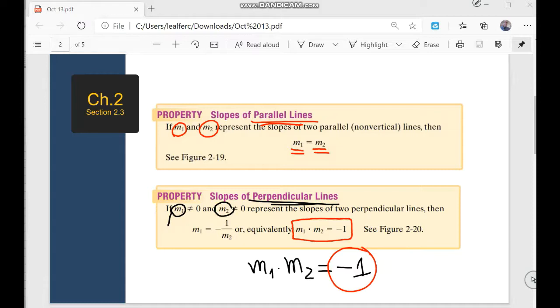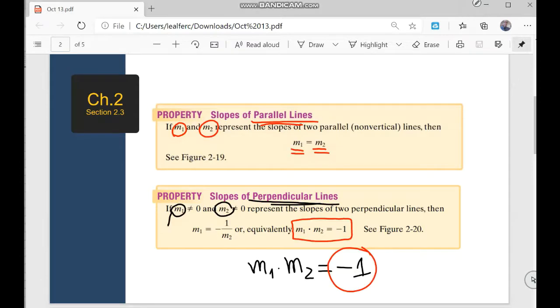If you multiply these slopes, then you find -1 as a result. Okay? This concept, I think, is pretty straightforward, pretty simple. But when we apply it, we need to work out a few calculations, and sometimes it can be a little bit hard, because you need to be really careful to not make any mistakes, especially with the signs. I'm going to show the example.